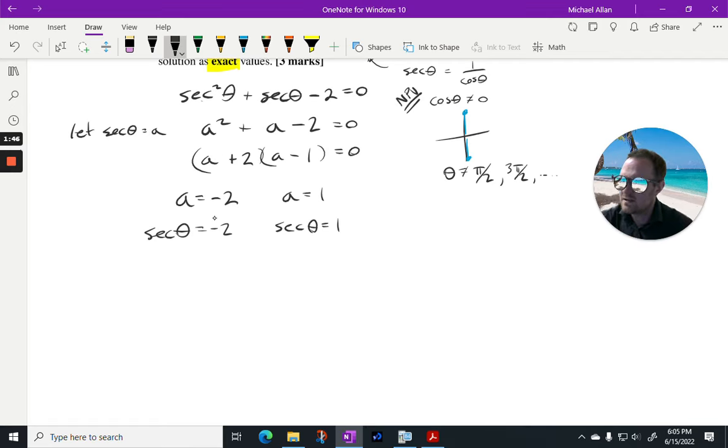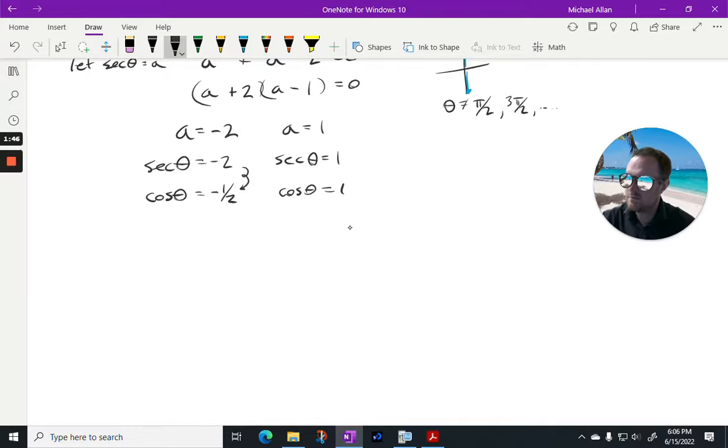Okay. Now remember, secant theta is also equal to 1 over cosine. So where is cosine equal to -1/2? Remember, that's going to flip that over. All right. And where's cosine equal to 1? Okay, so right now, it doesn't match any of my non-permissible values, so that's good. We just have to solve these two pieces now.